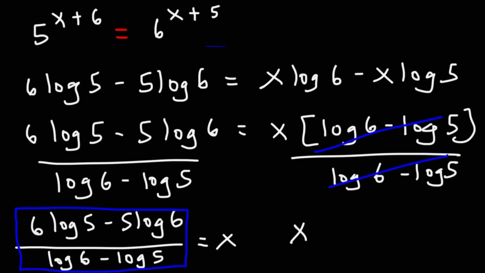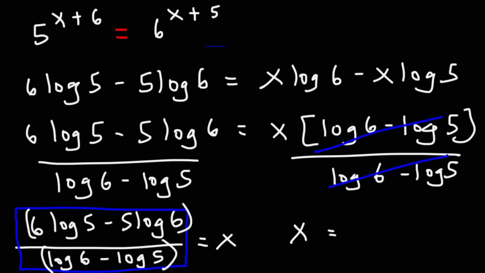Now, if you want to get the decimal value, make sure to put this in parentheses when you plug it in your calculator. So let's go ahead and do that. So 6 log 5 minus 5 log 6. As a decimal, that's 0.30306.